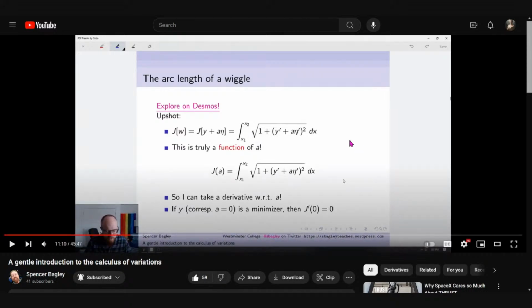I don't know what that means. What is a minimizer? I never heard of a function that is a minimizer. If y is a minimizer, what does that mean? What is a minimizer? Anyway, he says j prime at a equals 0 is 0.